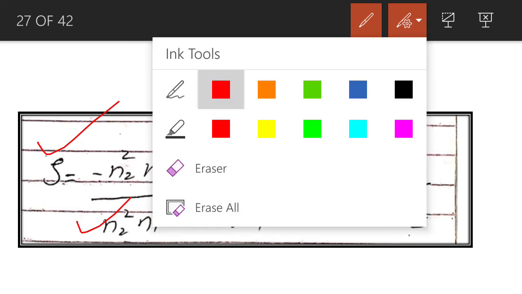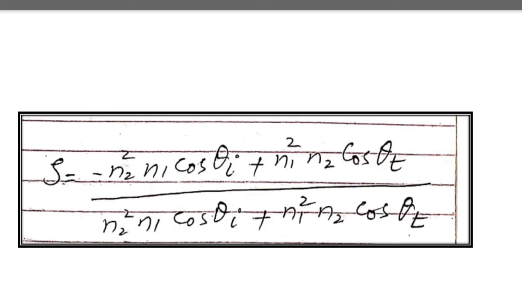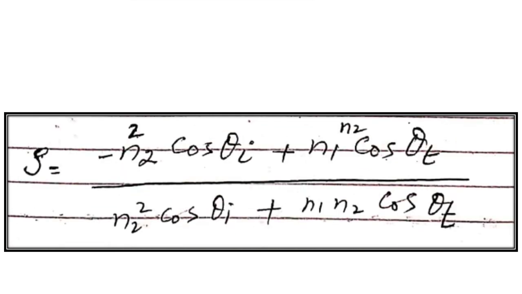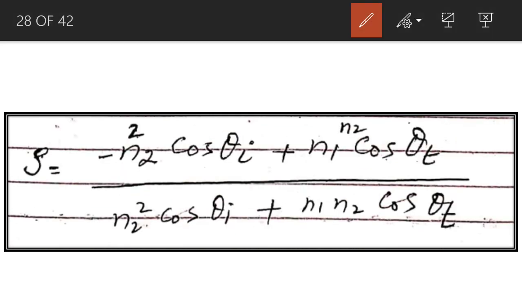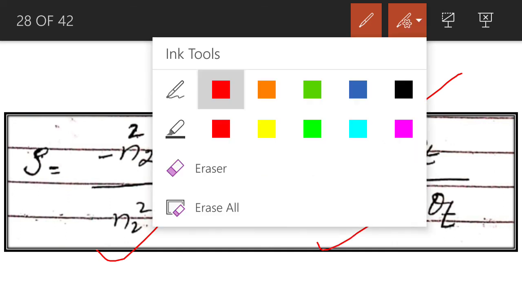And if we simplify the right hand side of the reflection coefficient, we get minus n2 square cos of theta I plus n1 n2 cos of theta t divided by n2 square cos of theta I plus n1 n2 into cos of theta t.